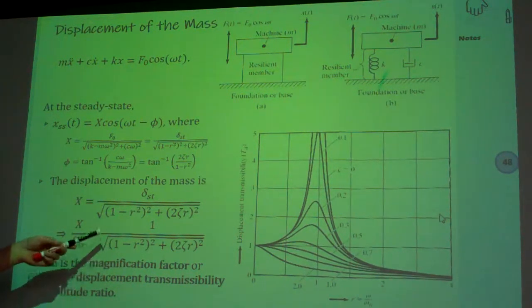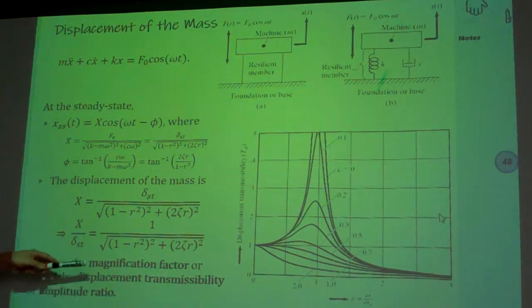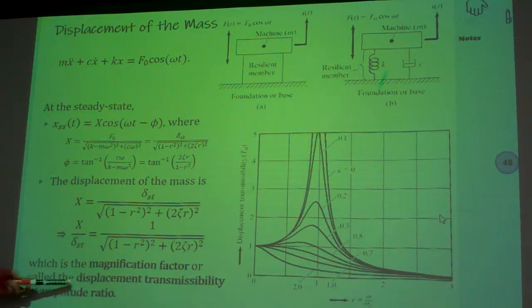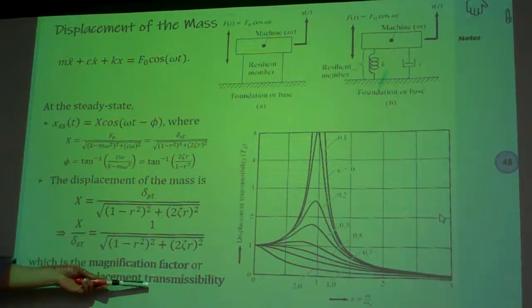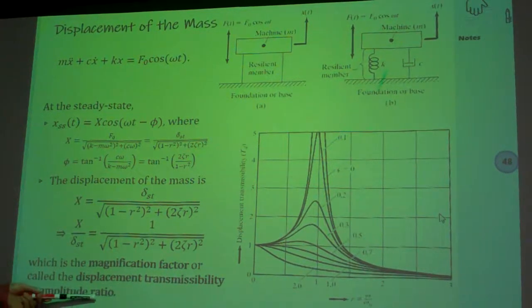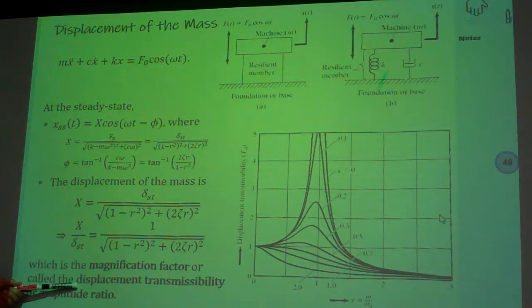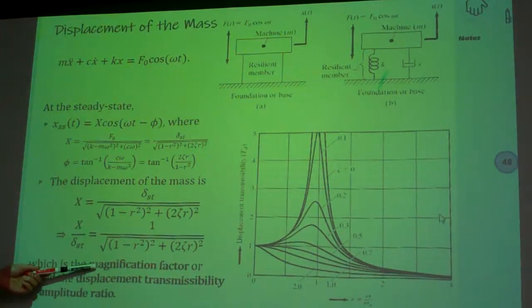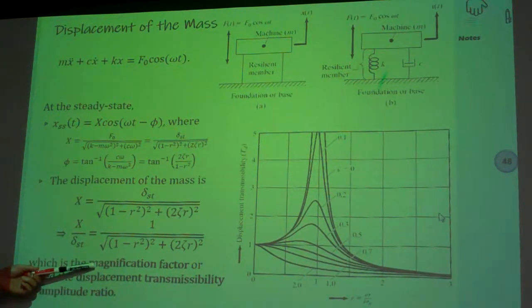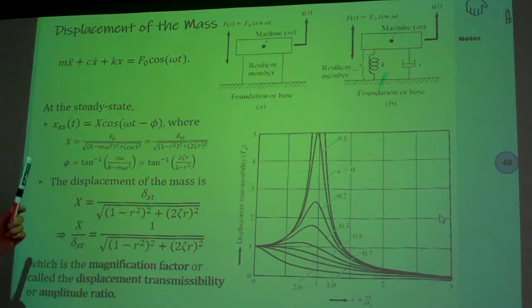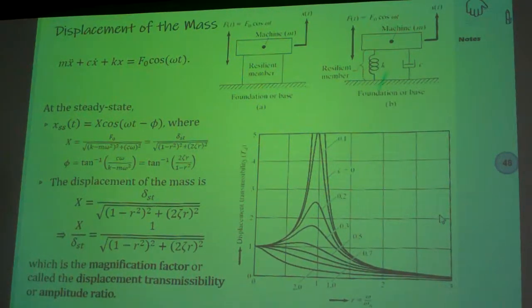We define this as the magnification factor, or otherwise we also call it the displacement transmissibility or amplitude ratio. So in the homework, I pick up this term, displacement transmissibility. Simply, that is our magnification factor. And for these vibration isolations, we simply want to minimize these numbers.